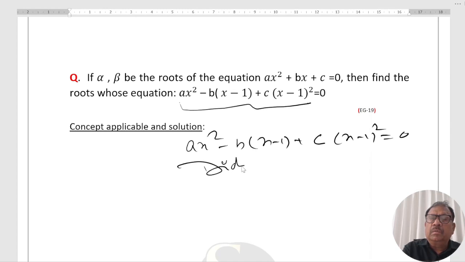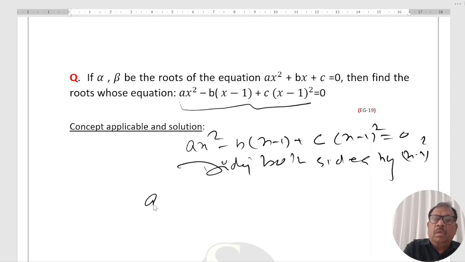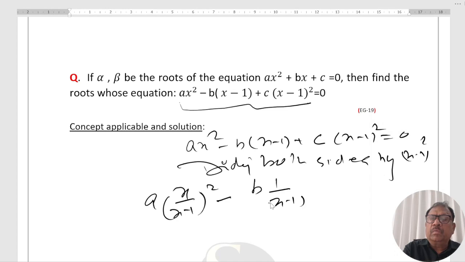Dividing both sides by x minus 1 whole square: a x upon x minus 1 whole square minus b upon x minus 1 plus c equal to 0.